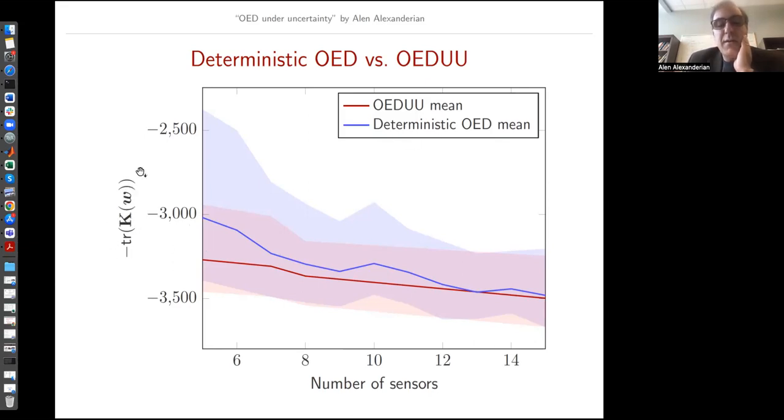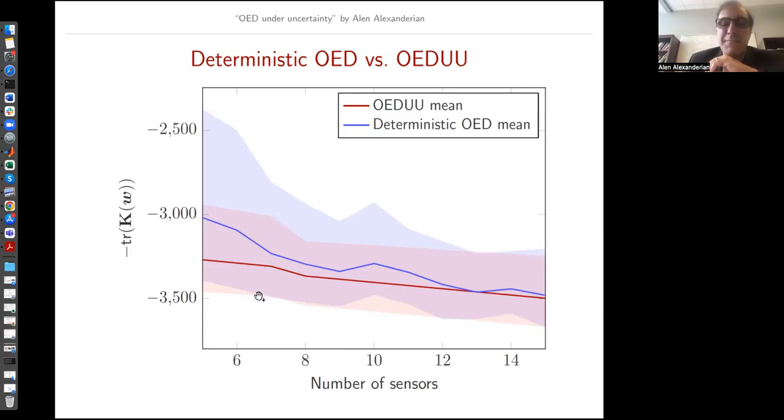And as you see, if I look at the statistics of this quantity that quantifies, let's say, the reduction in uncertainty, I'm doing well in terms of the mean, on average, and also the spread.